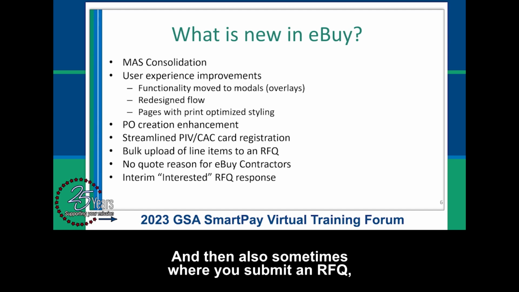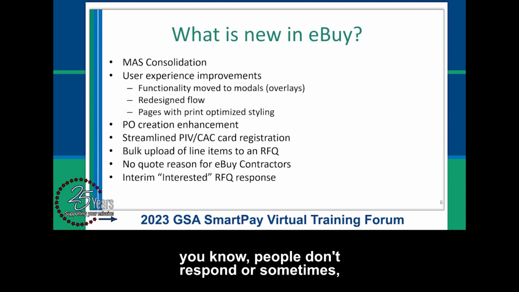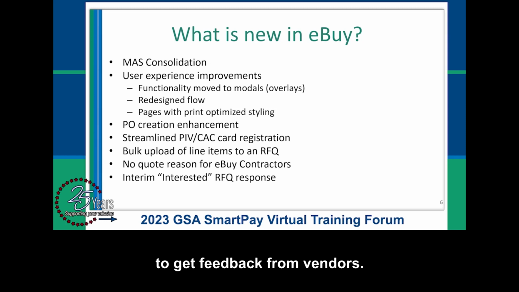And then also, sometimes you issue an RFQ and maybe you don't get quotes from it. People don't respond, or the vendors will respond with a no quote. So we've created a way for you to get feedback from vendors.